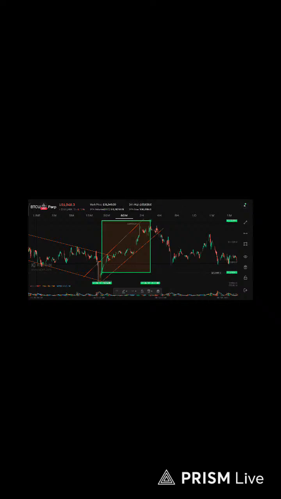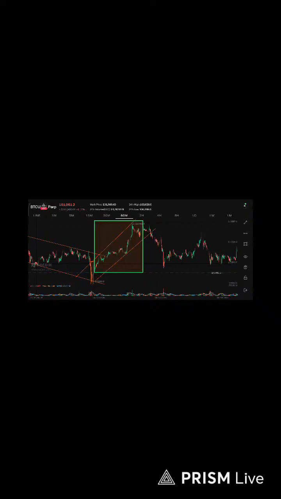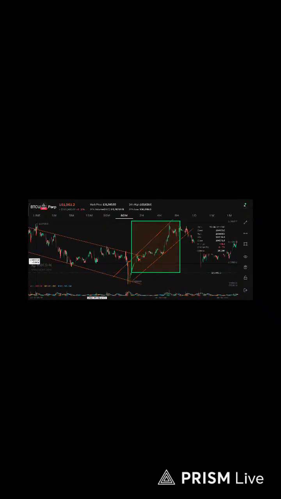candlestick pattern. Okay, if you combine this with your MACD or RSI, you see the market was going up. All of a sudden, the market came down.